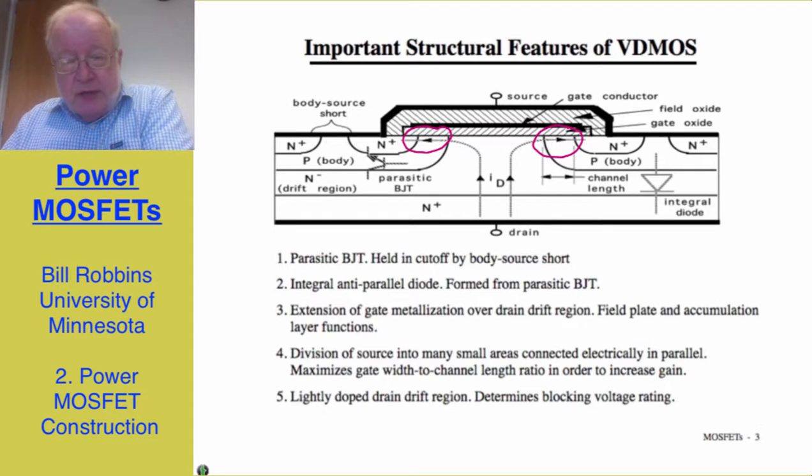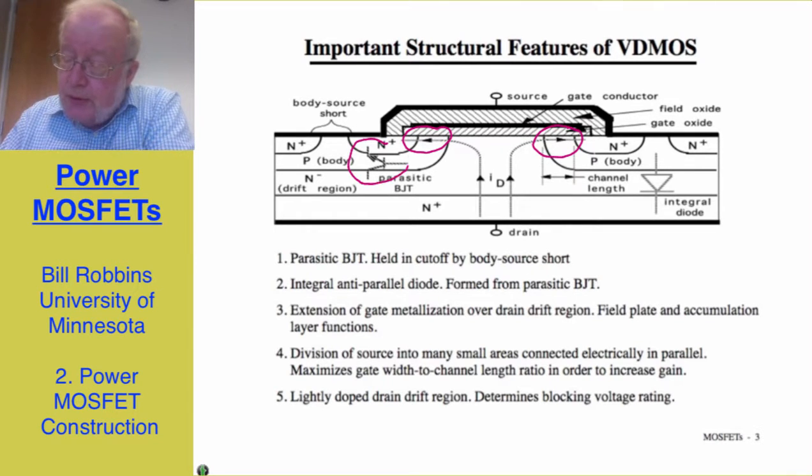Because of the basic construction, there are some parasitic elements that we have to deal with. Most importantly, we have a parasitic bipolar junction transistor. The N- drift region forms the collector of the parasitic transistor. The p-type body region is the base of the transistor, and the source diffusion is the emitter.